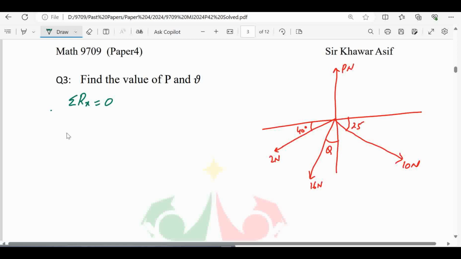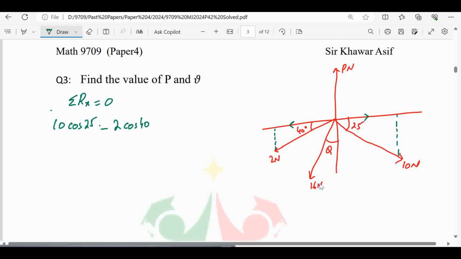So let's simplify it. The horizontal component for the first one, the 10 newton force, as it is going to the right side, we have to take it positive. So 10 cos of 25, then we will have the negative component for 2 newtons, so this will be minus 2 into cos of 40.